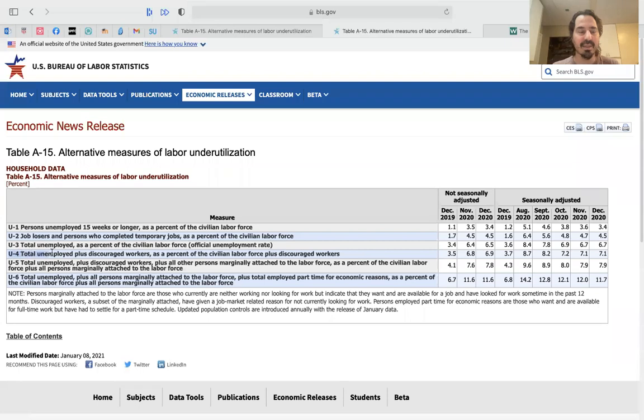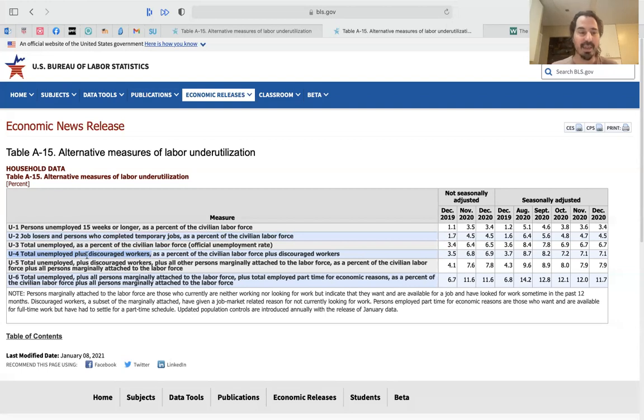U4 adds the unemployed plus discouraged workers. So discouraged workers are people that have not looked for a job in the past 4 weeks. And when they're asked, why did you not look for a job in the past 4 weeks? They say, I do not believe a job is out there available for me. So these are people that would look for a job if they believed a job existed, but because they believe that no job exists, they are not actively looking, right?